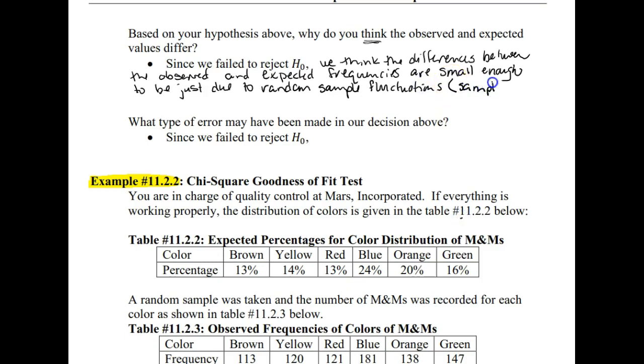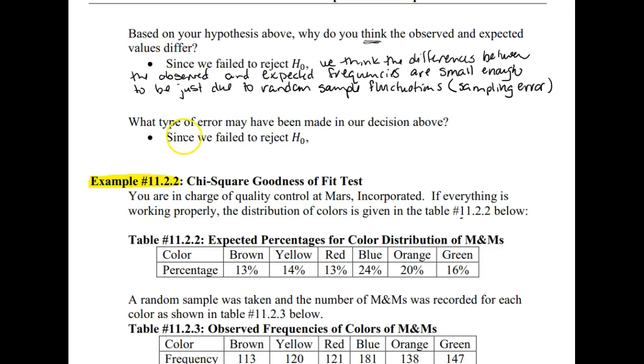Otherwise known as sampling error. So although we didn't get exactly the same count in all 6 categories, we're like, they're close enough that we don't think that we have evidence that the die is unfair. We just think that those differences are just due to random chance sample fluctuations that happens when we collect data.